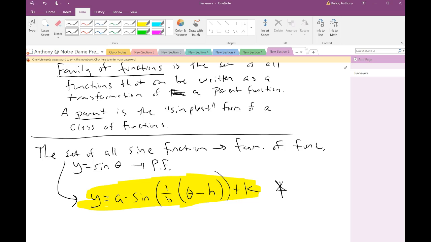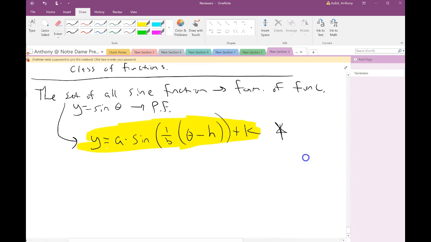Parent function is what I abbreviated that as. So since this is a transformation of y equals sine theta, was I right? Yeah. Yes, I'm smart.